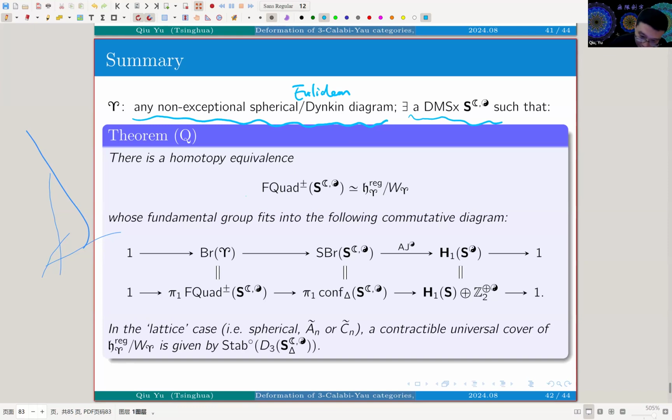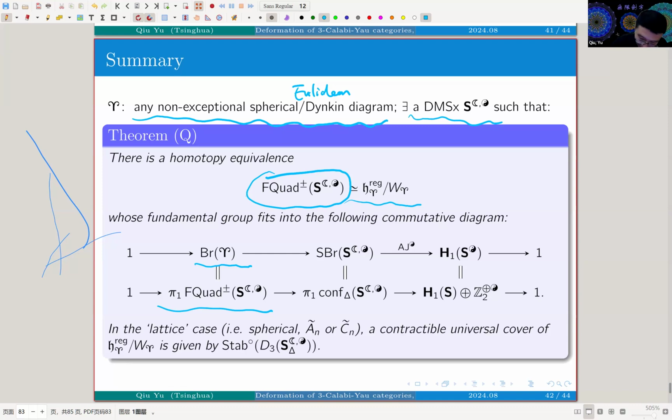But then we can find a moduli space realizing the hyperplane arrangement so that the fundamental group realizes the Artin braid group of the corresponding type.